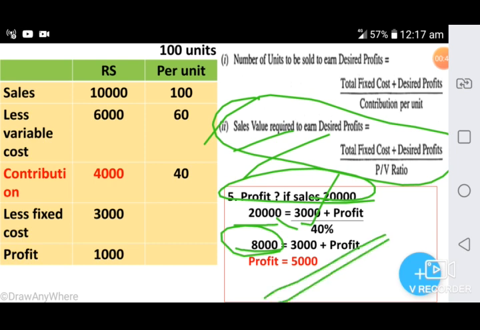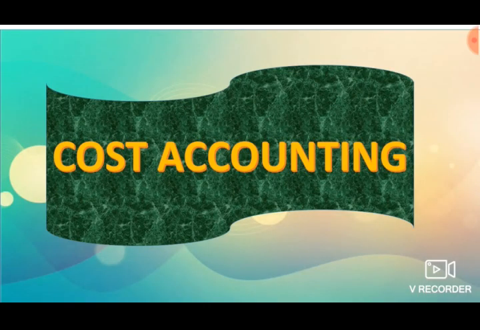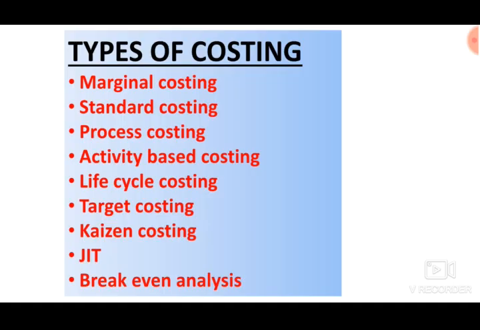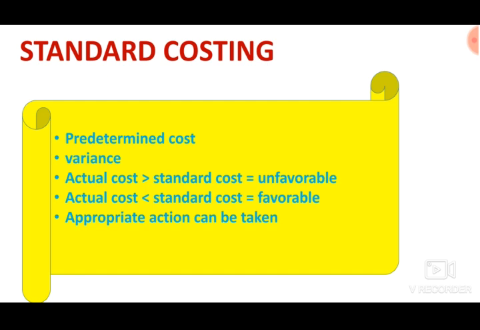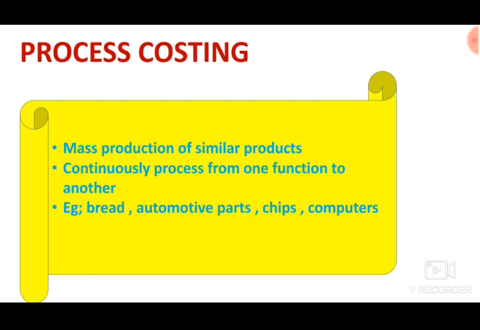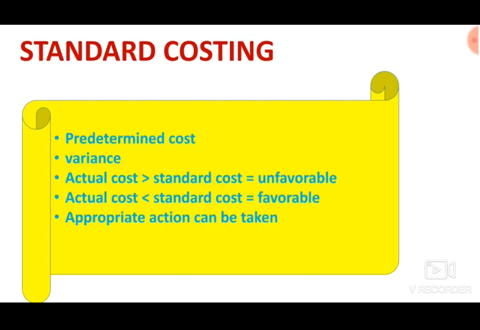In this video we discussed what is meant by cost and different types of costing. Marginal costing is an additional cost or extra expense of producing an additional unit of product. Then standard cost is a predetermined cost, and here variance is the important term related to standard costing.